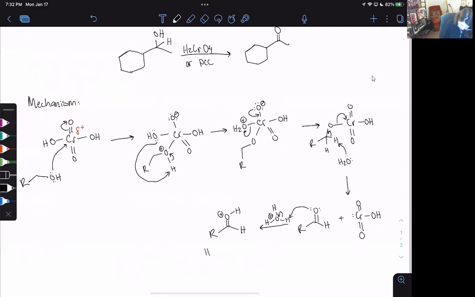And I have a nucleophile right there. So if I add water, and like I said, remember we've made water in the reaction, but we also have an abundance of water from the chromic acid itself. So I have no shortage of water here.